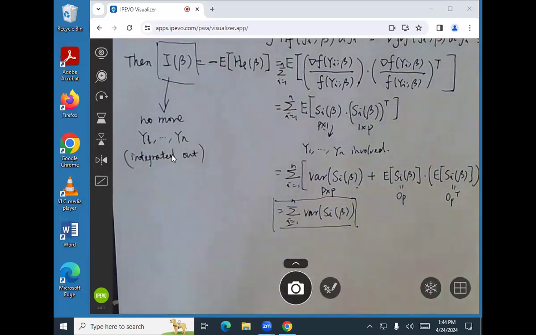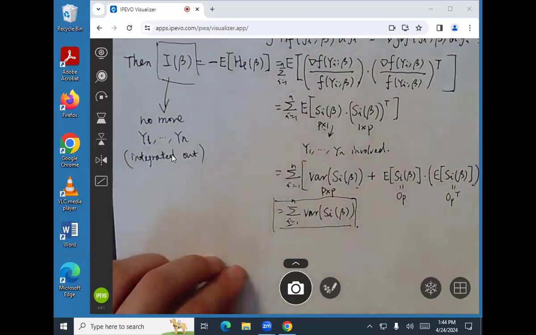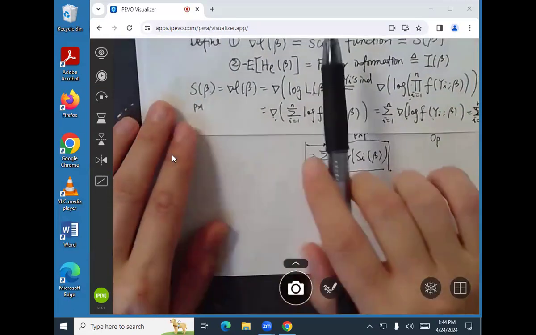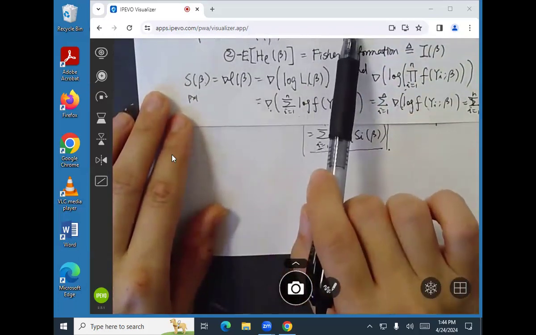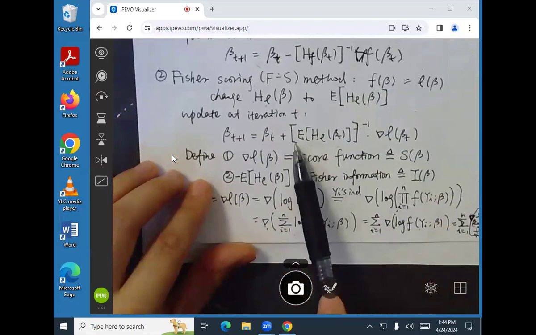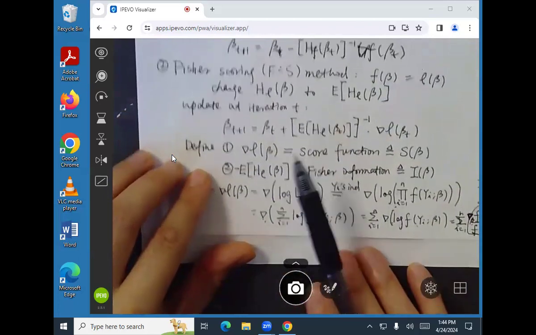And okay, so we have everything. Basically, we need a scoring function and we need a Fisher information to do our update. So let's come back to the Fisher scoring here. You see, the update will be like this. Here's the update we need.